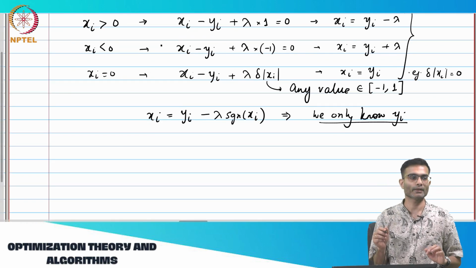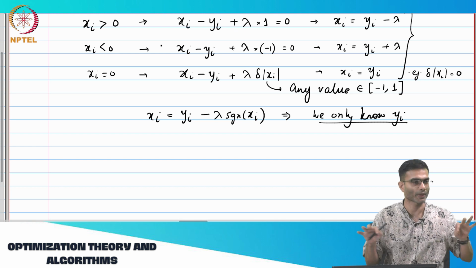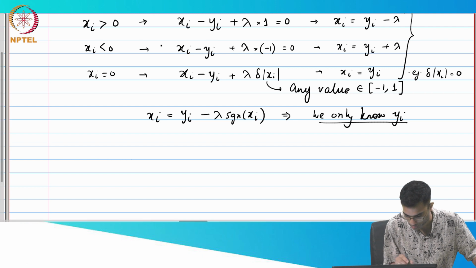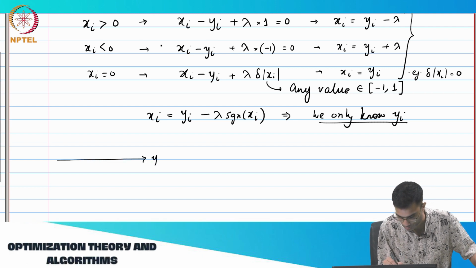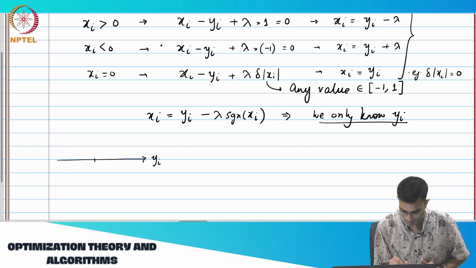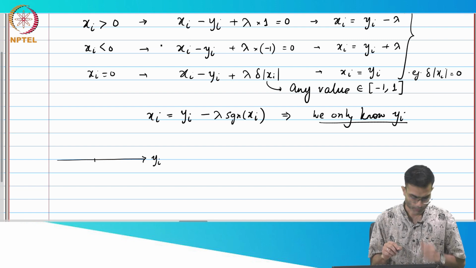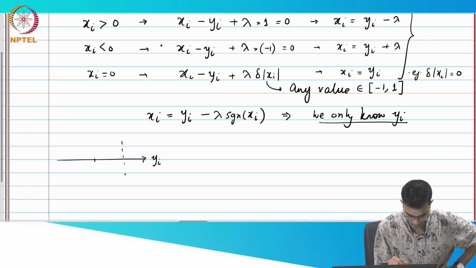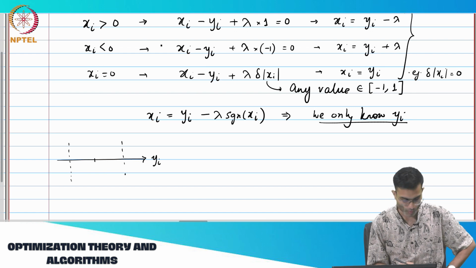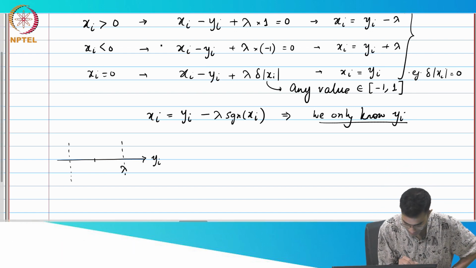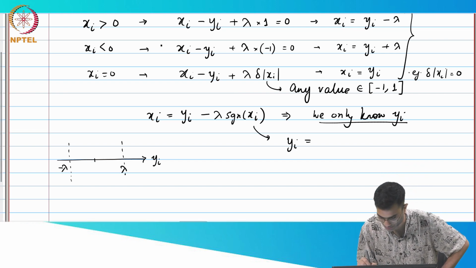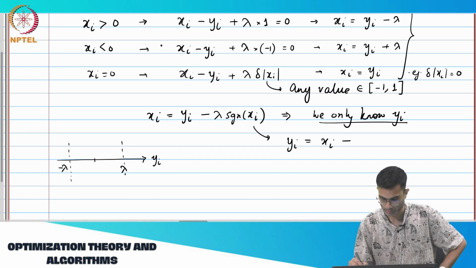Since we only know yi, let me sketch a number line with yi on it. Suppose I mark lambda and minus lambda over here. This can be rewritten as yi equal to xi plus lambda.